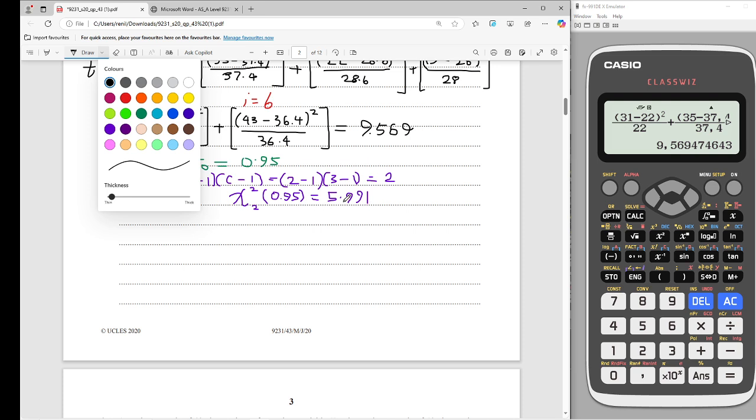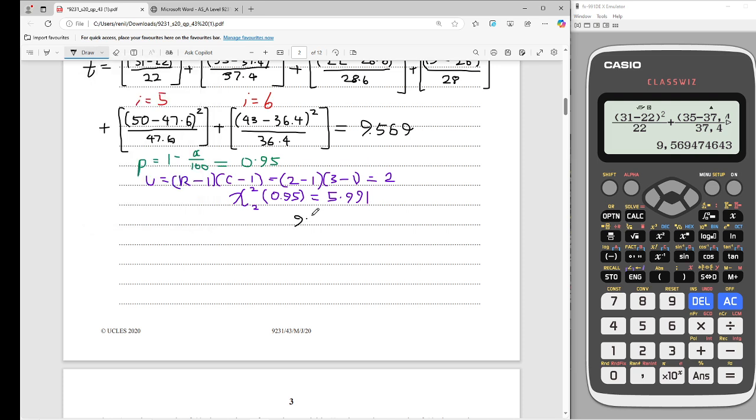Now we have to compare our critical value and our test statistic. So 9.569 and 5.991. Now using comparison operators, is the test statistic greater than, equal to, or lesser than the critical value?